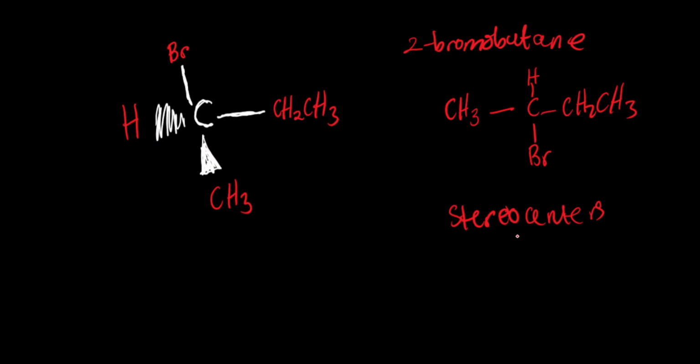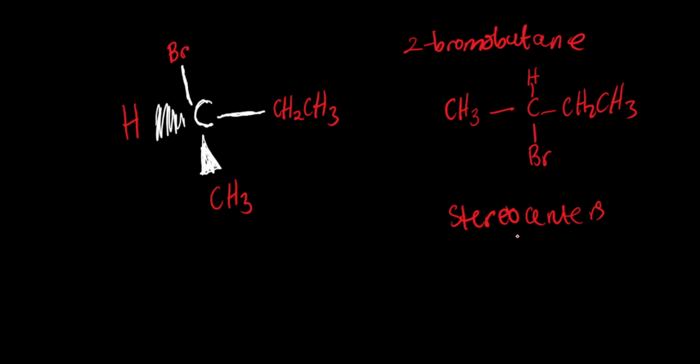How do we know it's the mirror image? We know because this particular molecule has only one chiral center, and since it has just one chiral center, a stereoisomer that is different from this molecule is definitely going to be its mirror image.